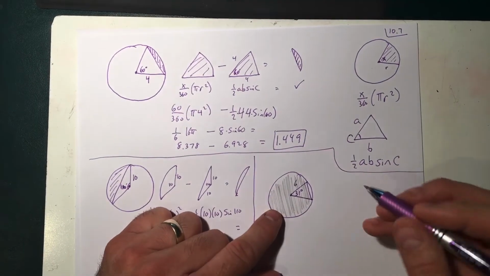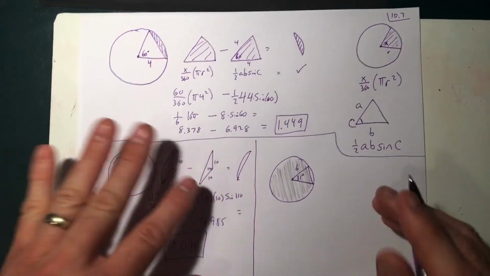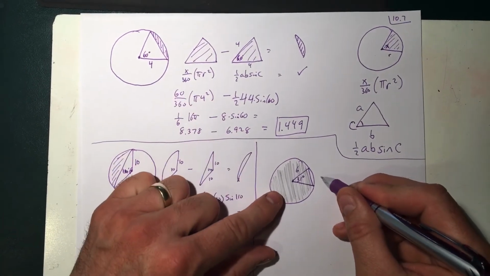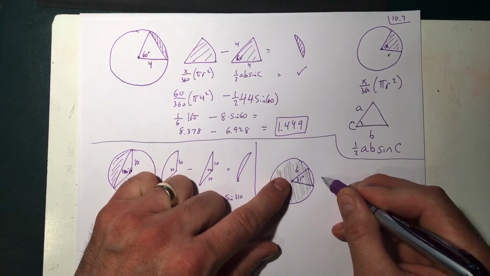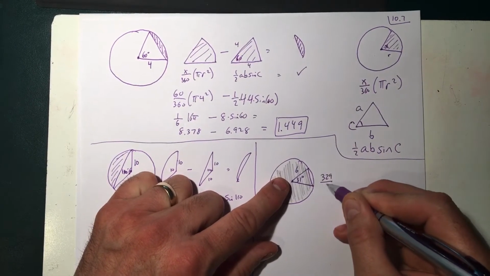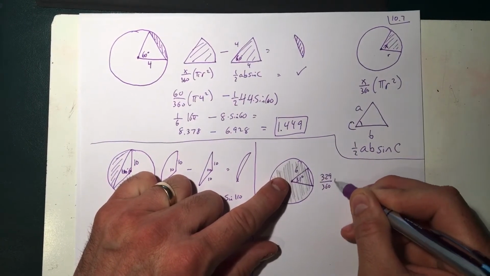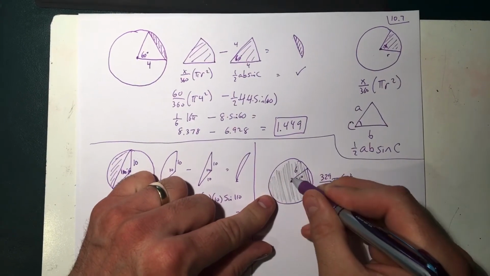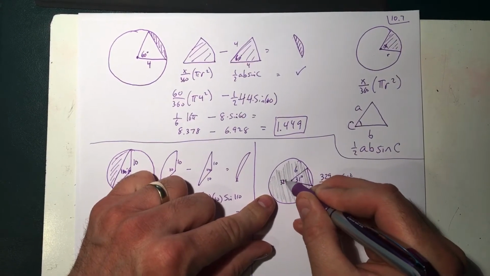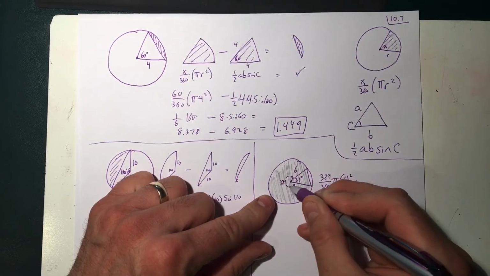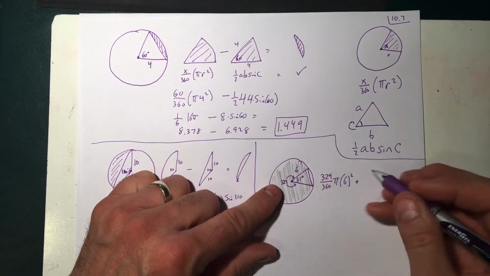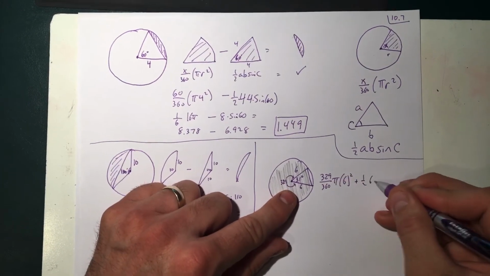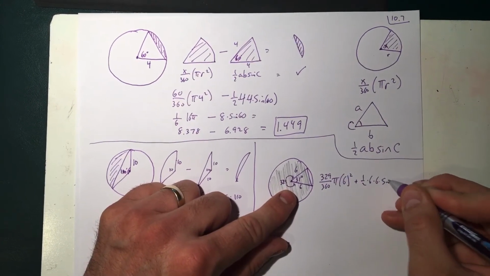But I think I'll just, for bonus, you can be done now if you want, or for bonus, I'm just going to go, all right, let's go 329 3/60ths of pi r squared plus, now that was this part, the 329 plus 1/2 66 sine 31.